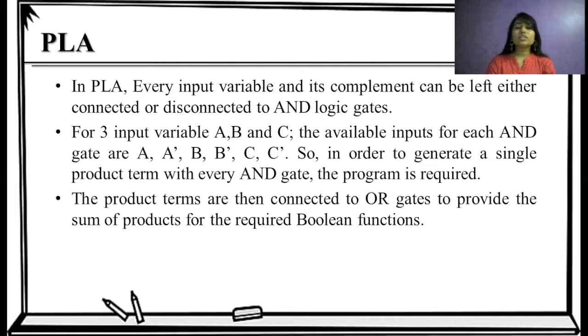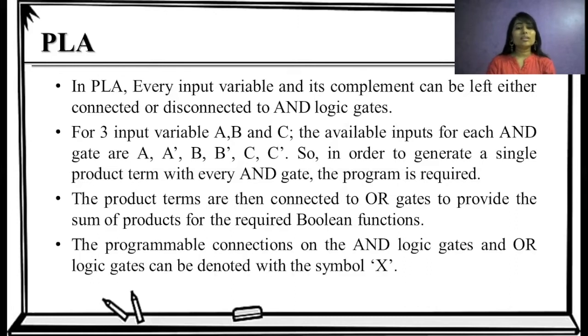The product terms are then connected to the OR gate to provide the sum of products for the required Boolean function. The output of the AND gates is given to the OR gate to produce the sum. So at the end of this, we have a sum of product terms for the required Boolean functions.